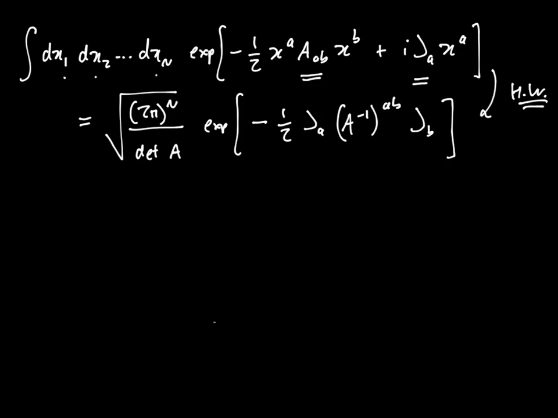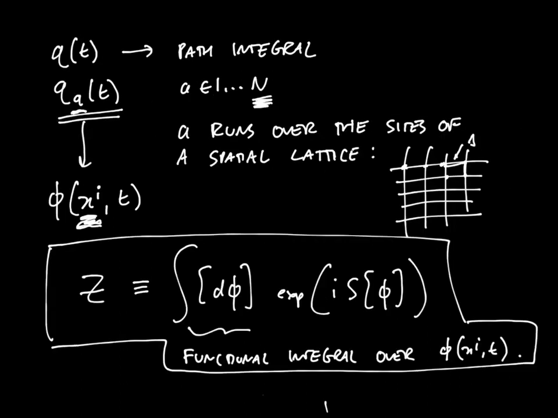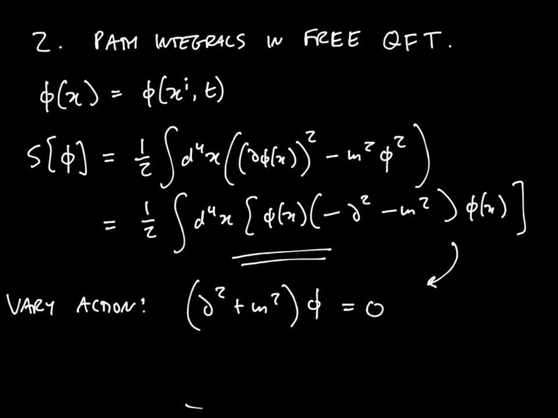Okay. In particular, if you look at the form of the action, let me go back and show you the action. The action takes the same form as what I just described, in that there's a quadratic operator, which is like A, in between two things that we're integrating.